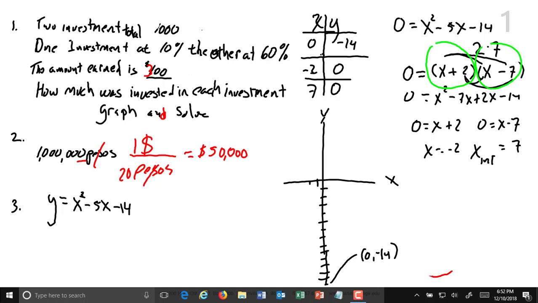This is minus 2, comma, 0. It doesn't look too good. And the other one is 7, comma, 0. So we have a general idea of how this must look. It's a parabola, so it must come down and eventually go through this. It's pretty steep, but you understand what I'm getting at?